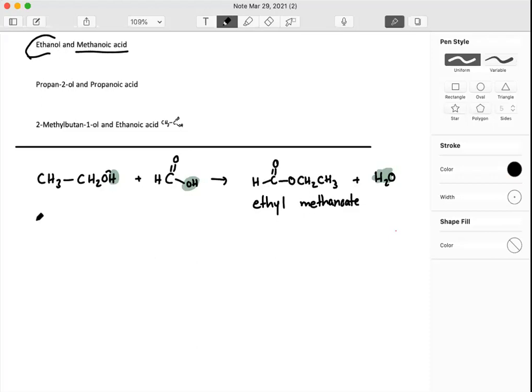Instead of methanoic acid, I want to do methanoic anhydride.